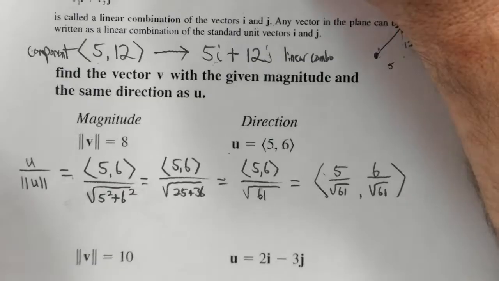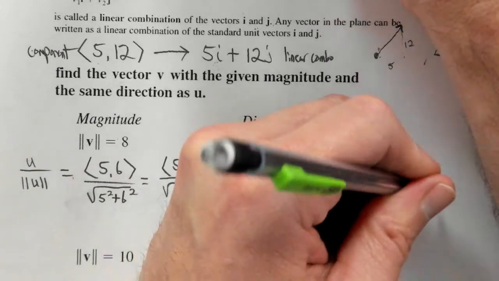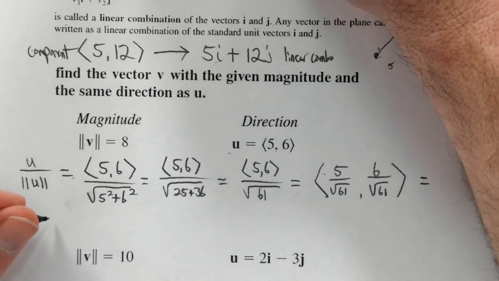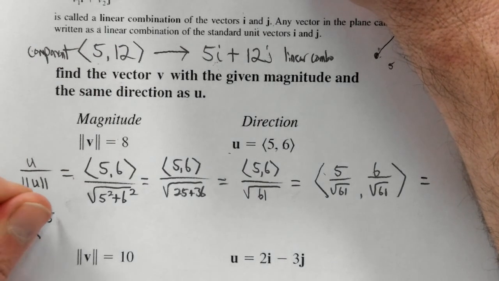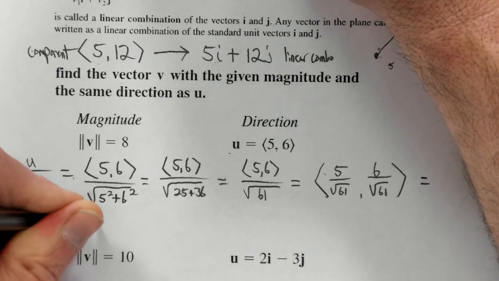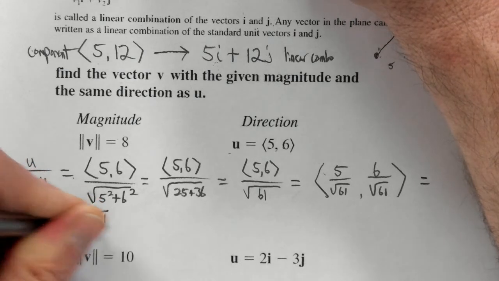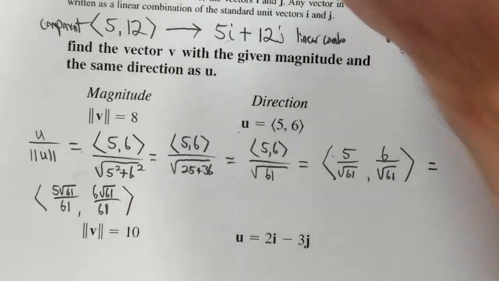And rationalizing it now, we will have 5 square roots of 61 over 61, comma, 6 square roots of 61 over 61, and that's my unit vector.